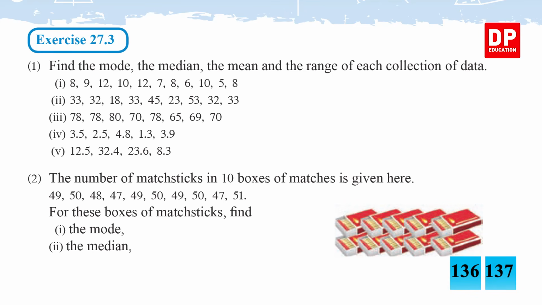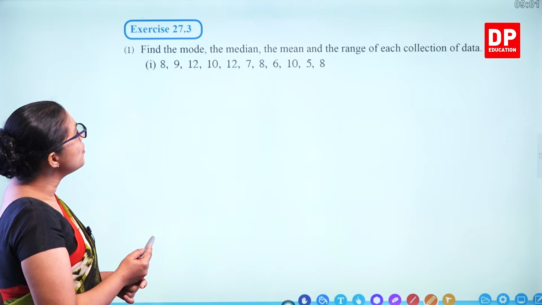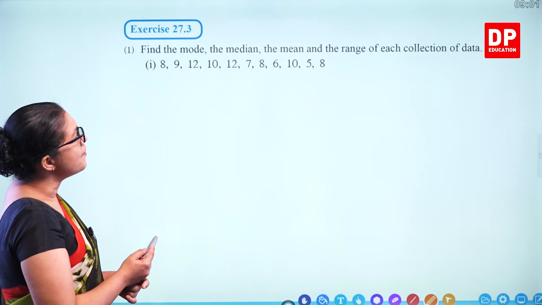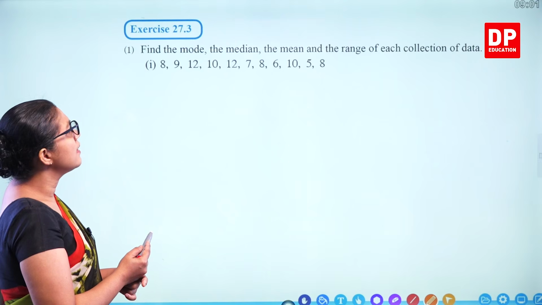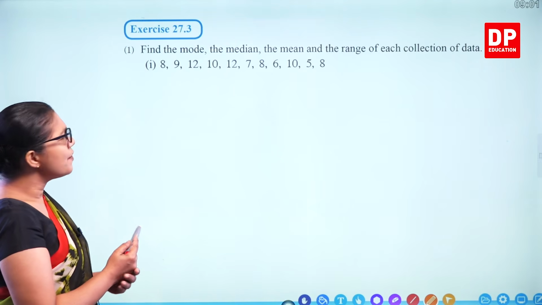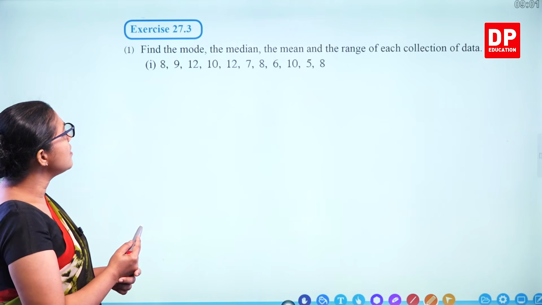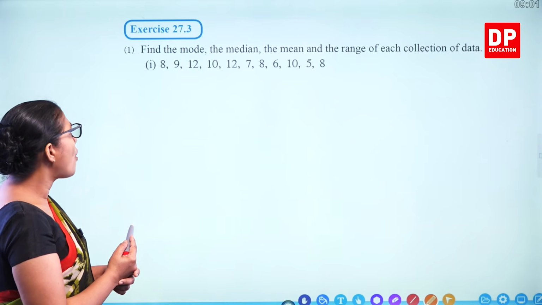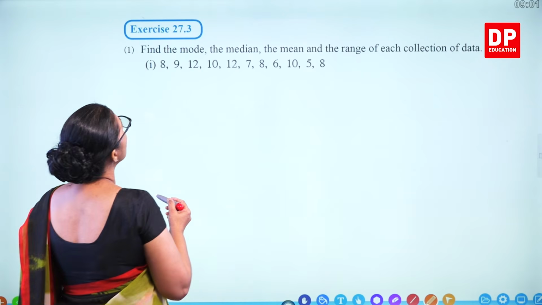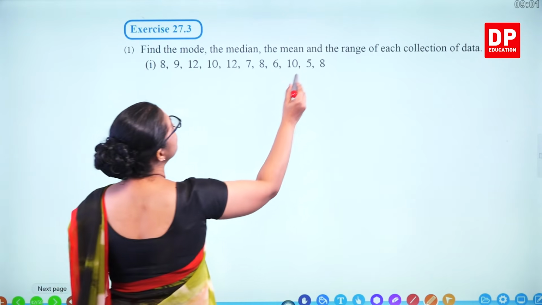Exercise 27.3. Find the mode, median and the mean and the range of each collection of data. So first thing, we can arrange the data set in increasing order. What's the lowest? 5.